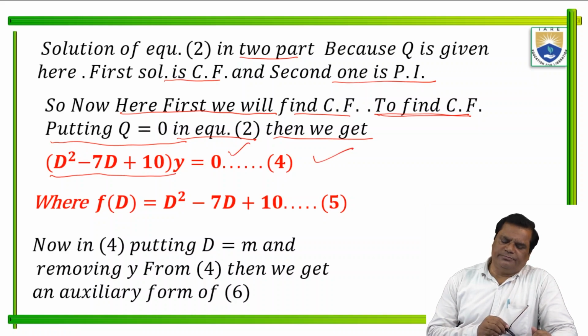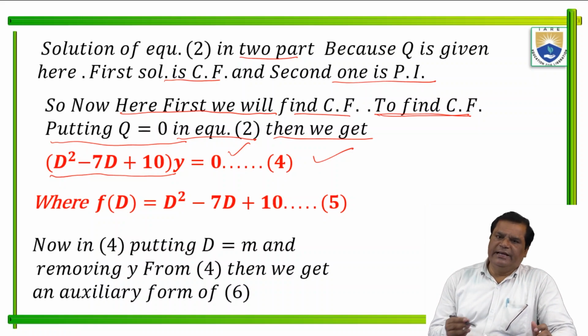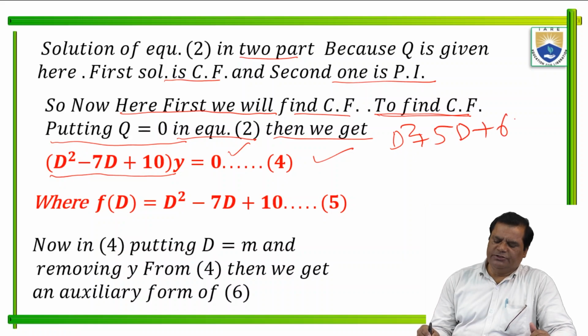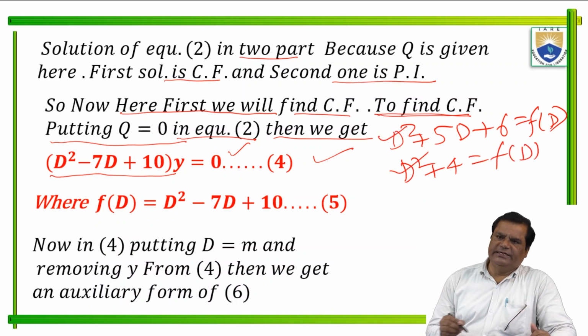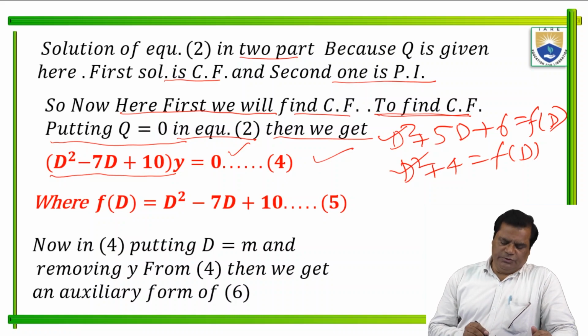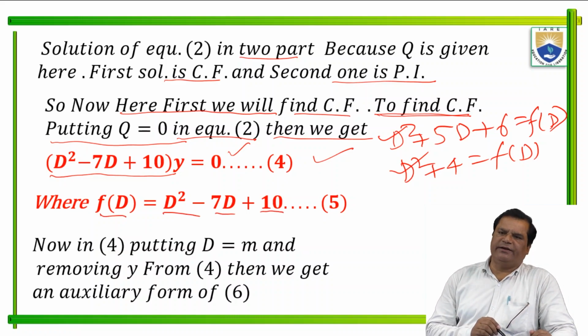This is equation 4, where f(D) is a function of D, meaning any expression only in D. For example, D square plus 5D plus 6 is an f(D), and D square plus 4 is another f(D). So these are all known as f(D). Here f(D) is D square minus 7D plus 10.